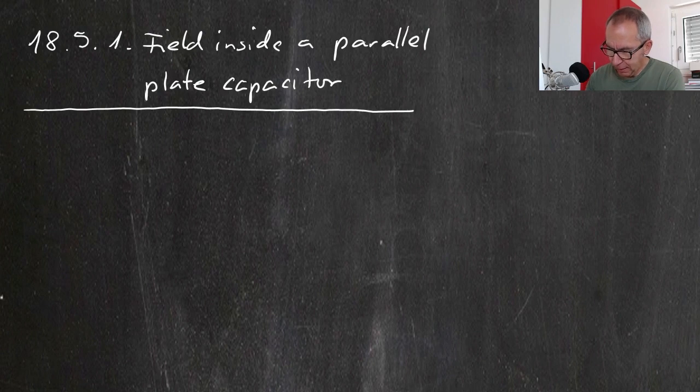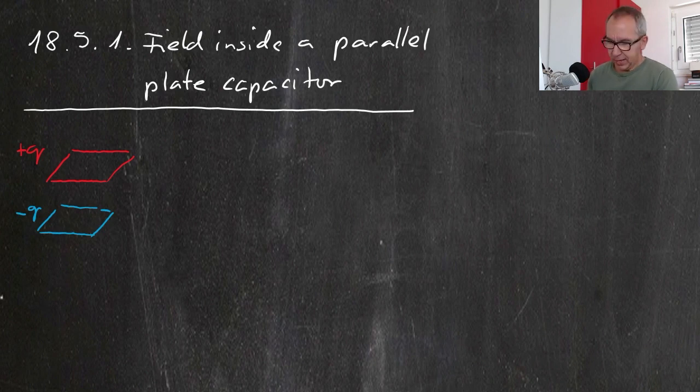So we have here the top plate. I draw it in red since it is supposed to be charged positively, and I draw the lower plate, which is charged negatively.